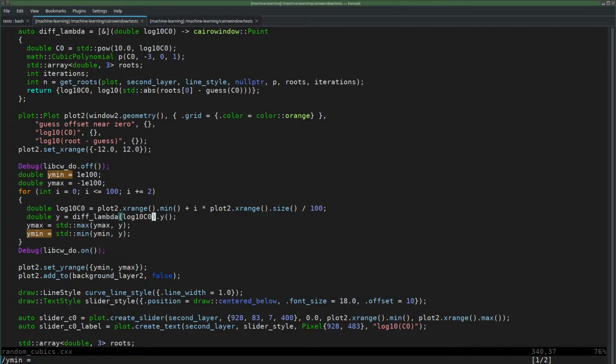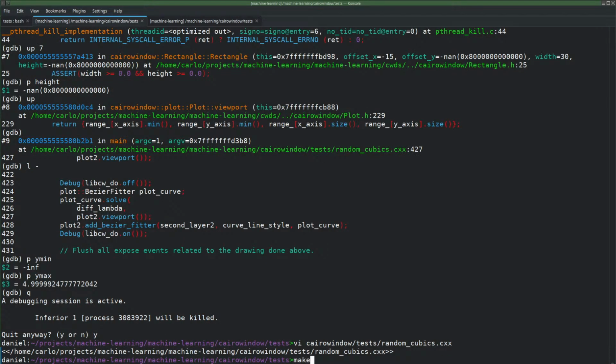No, the log. When the log 10 C0 is 0. Why the hell would I start at 0? I have to skip 0. Let's just start at 1 here. Maybe that helps.